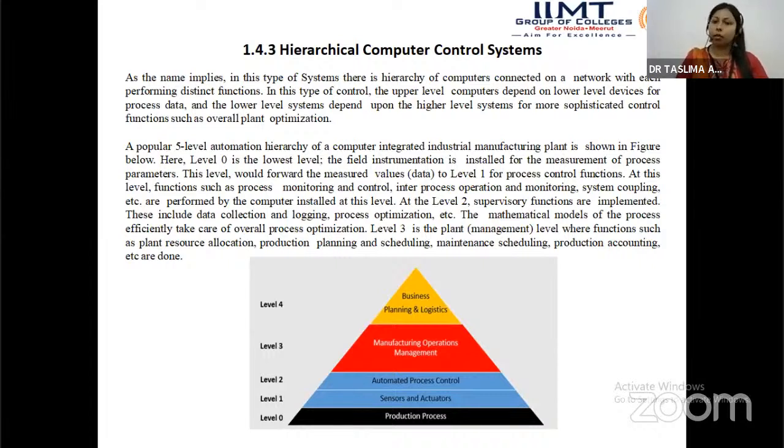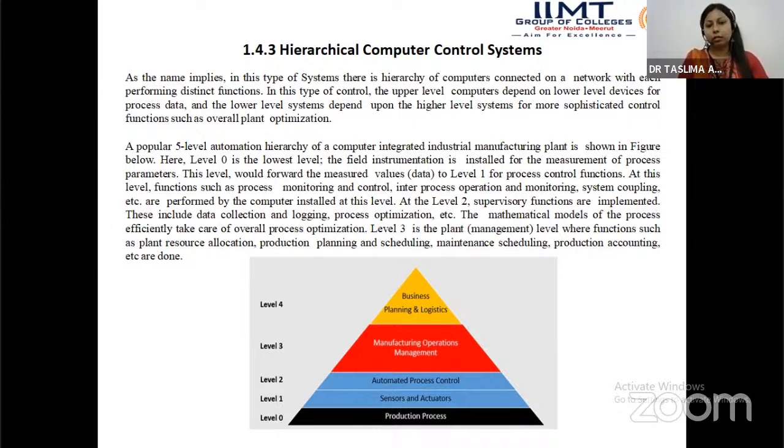Hierarchical system, we are always doing in this pattern. For example, top management gives us different information, and we have to follow those rules and regulations from the hierarchy. For example, here we see at the bottom, level 0, that is the production process, level 1, that is the function of sensors and actuators, and that is controlled from level 2, automated process control.